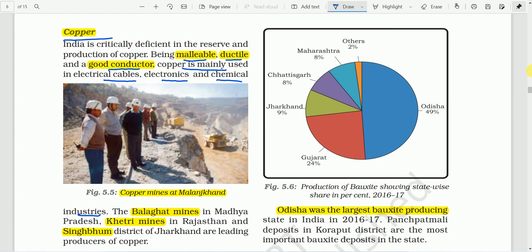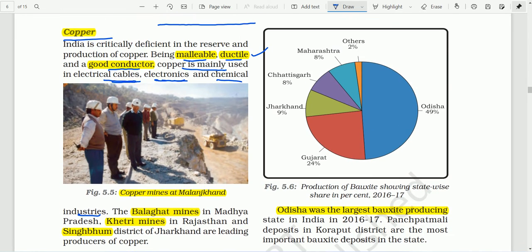Malleable means capable of being shaped, bent, or drawn out. Likewise, ductile means it can be drawn out into a very thin wire. And it is a good conductor of electricity, and that is why copper is used in making electrical cables, in electronic industries and in the chemical industries.